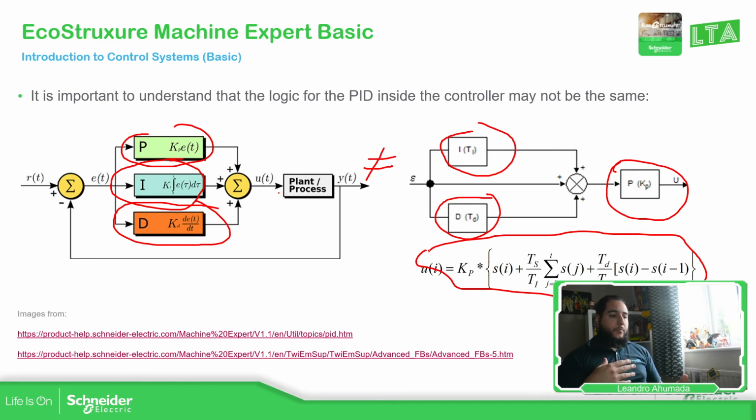It will go through different values for a few cycles in order to calculate the values for the KP, or sometimes called TI or KI, or sometimes also KD or TD for the derivative part, in order to calculate these constants or times and get the right values of the PID. We have this auto tuning in the Modicon M221 and also in the M171 and M172 for the HVAC offer.